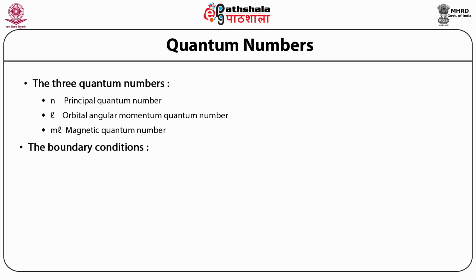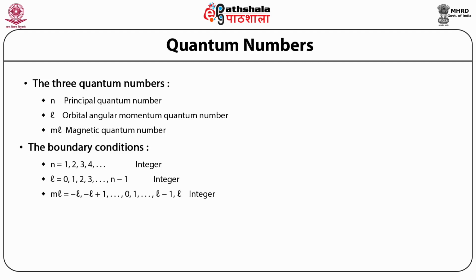The allowed values of these three quantum numbers are: n is equal to 1, 2, 3, 4, that is the integers, then l is equal to 0, 1, 2, 3 till n minus 1, and ml varies from minus l to l. The restrictions for the quantum numbers are n should be greater than 0, l is less than n, and the modulus of ml is less than or equal to l.